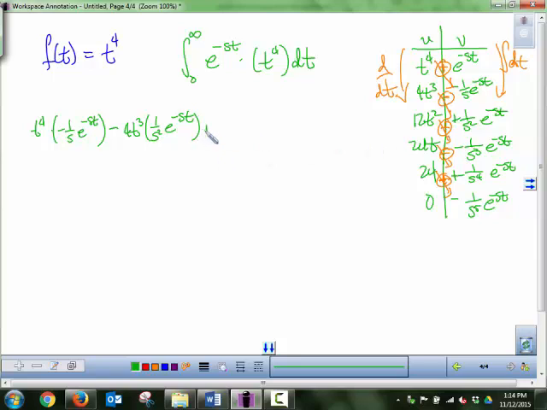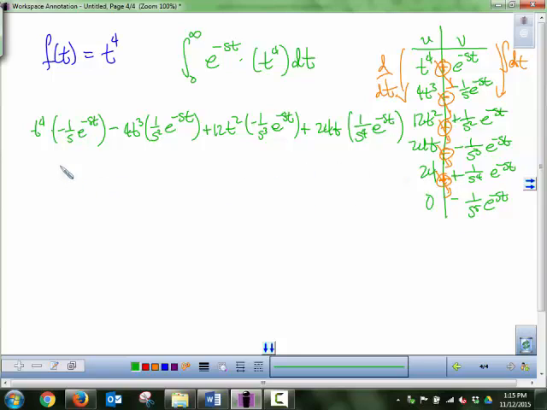And then I have a plus 12t squared. And now this changes to negative again: s to the third, e to the negative st, plus 24t, positive 1 over s to the fourth, e to the negative st. And then I have one more.